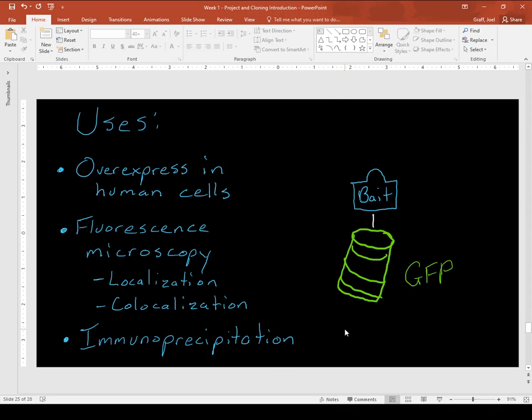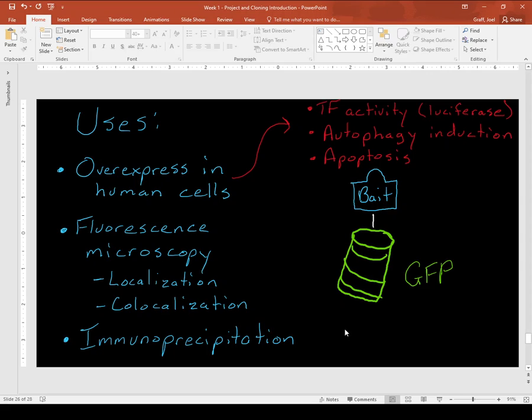Okay, so overexpression in human cells, we have multiple reasons for doing that, and those are for functional assays. Those include transcription factor activity, which are luciferase based. We can look for whether overexpressing our protein increases or decreases the amount of autophagy that's induced in response to a certain signal.